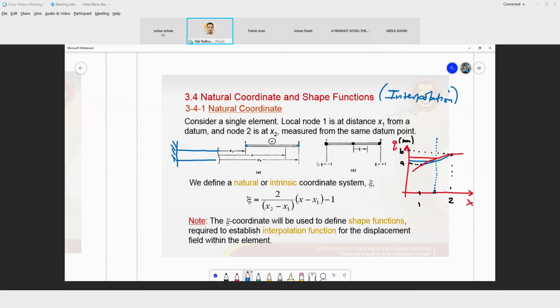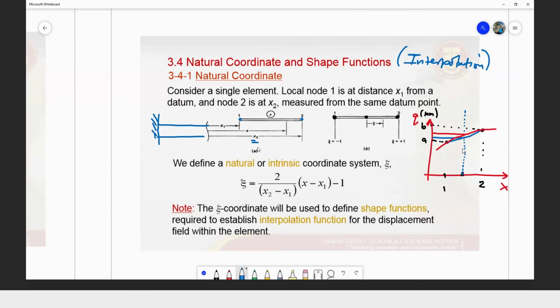And then we can write our elements in another coordinate system, which is known as natural coordinate system. So instead of kita pakai x, which is a Cartesian coordinate system, then we can represent kita punya axis dalam format natural coordinate system, which is given by z lah, kat sini kita panggil dia xi, z.